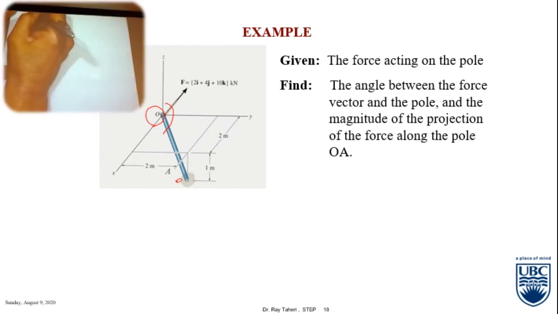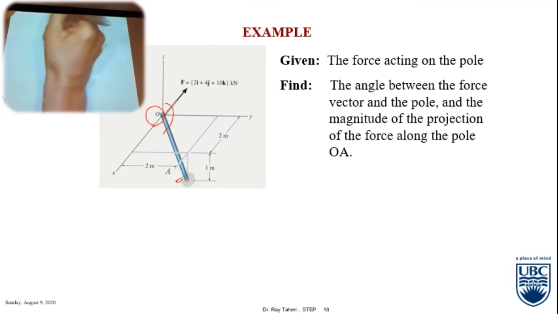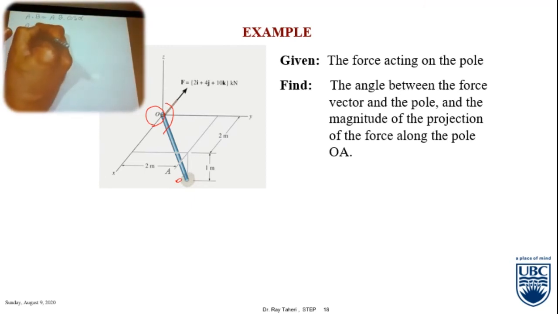We know that the dot product of A, B is equal to the magnitude of A multiplied by the magnitude of B multiplied by the cosine of the angle between A and B. That's 1.